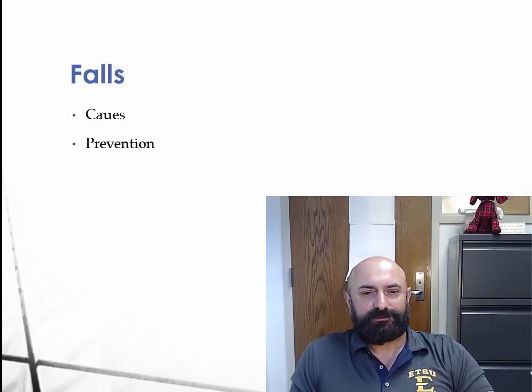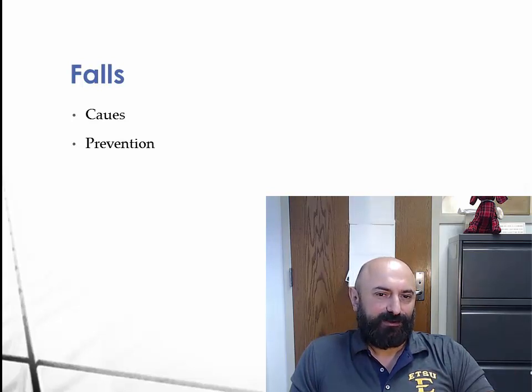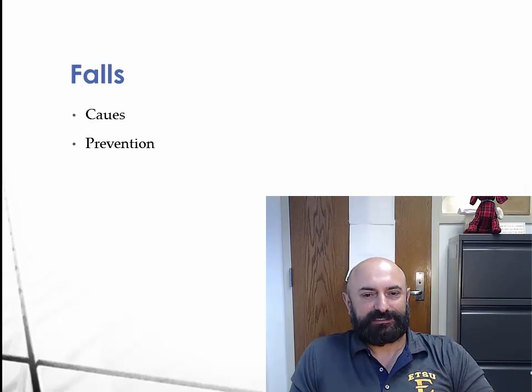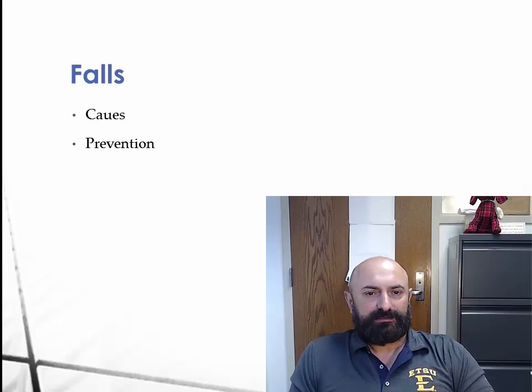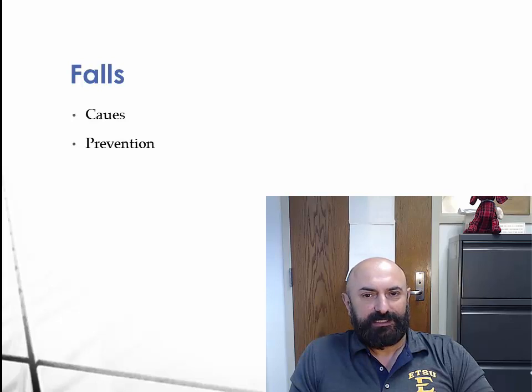Fall prevention should start from the modification of the living space. Also, you may consider intervention to reduce the negative consequences of falls such as fractures. To do that, you may consider introducing osteoporosis screening, vitamin D supplementation, and calcium supplementation.